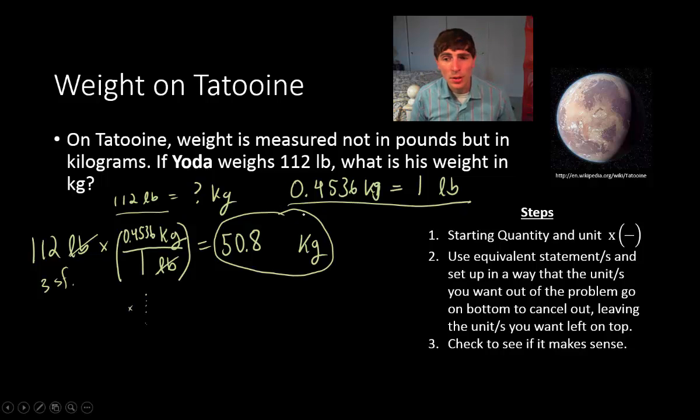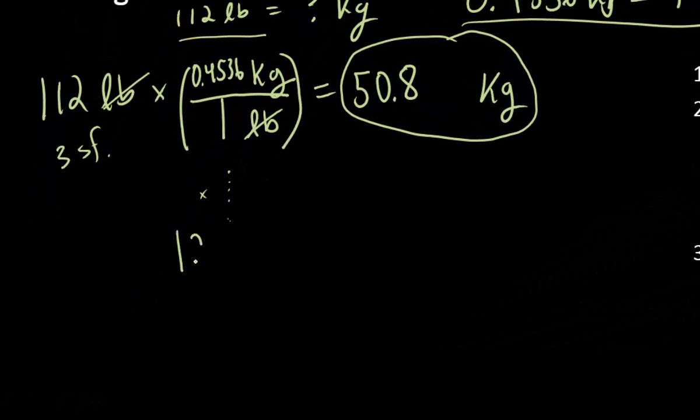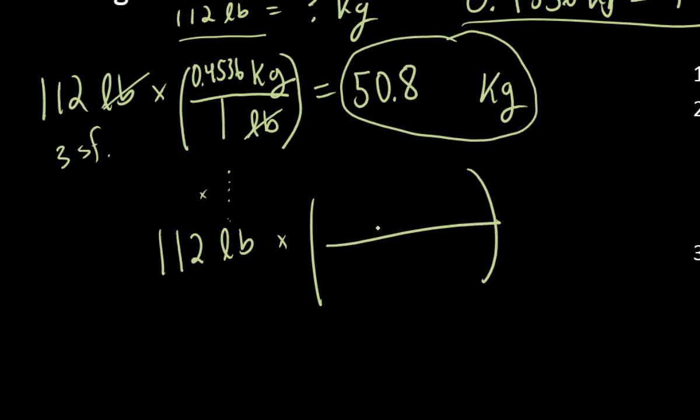The other thing I would do at the very end to check that it makes sense is look at my units. Let's say I were to do this problem the exact same way, but I decided to write my equivalent statement the other way. So I put a pound on top and 0.4536 kilograms on the bottom.